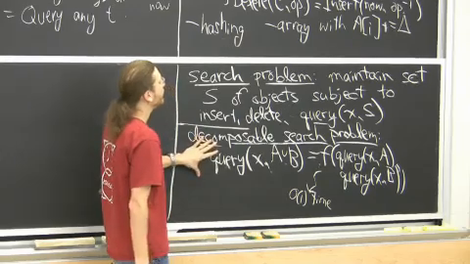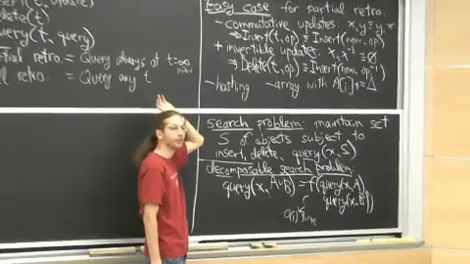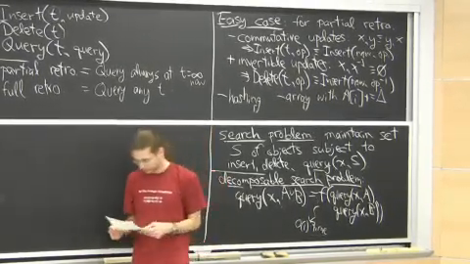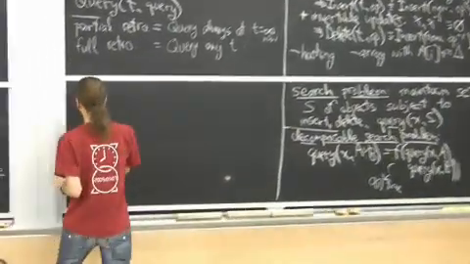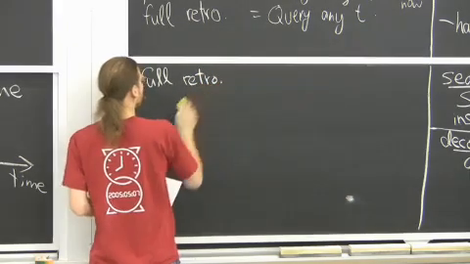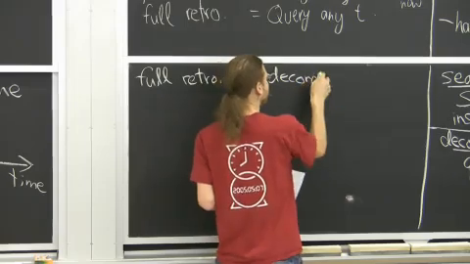If they do, and we have commutativity and invertibility, I claim full retroactivity becomes easy. Relatively easy, with log factor overhead. So that's what I wanted to show you: full retroactivity for decomposable search problems.